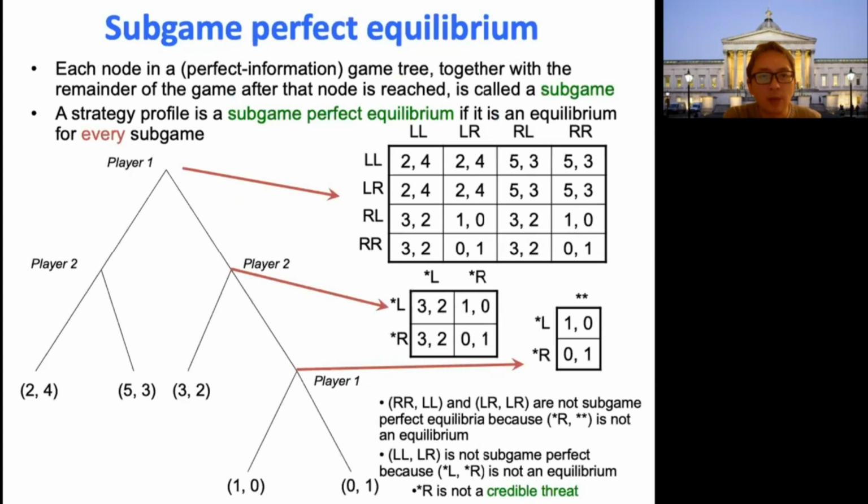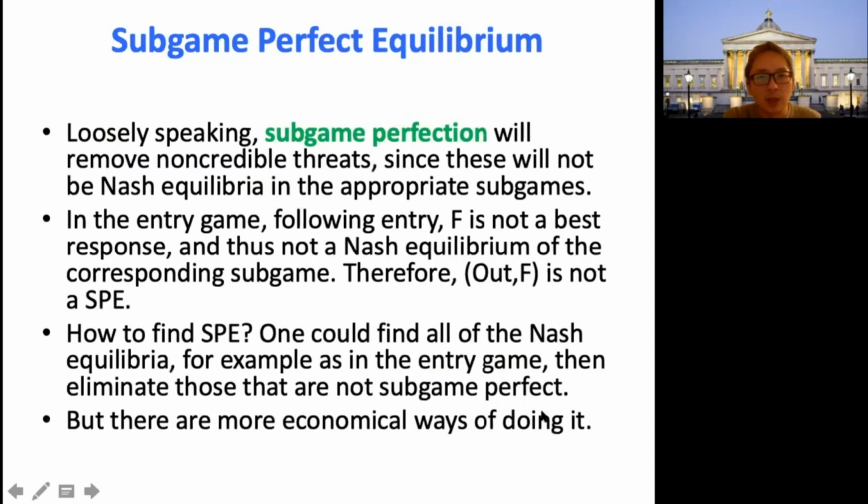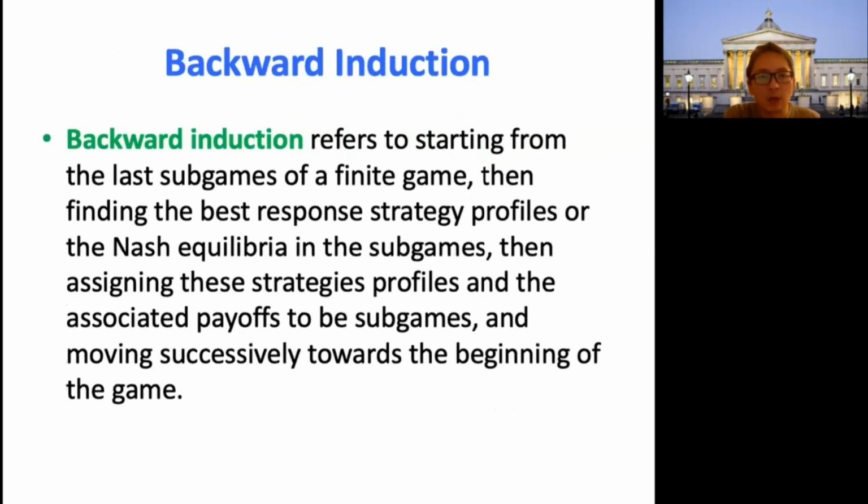An example of a subgame is when you have this subgame starting from this node. So at any game node, you would have one of these games. Loosely speaking, once you find the subgame, I'm using subgame perfection to remove this non-credible threat. As I explained, Out, F is not a subgame perfect equilibrium, therefore you can remove this.